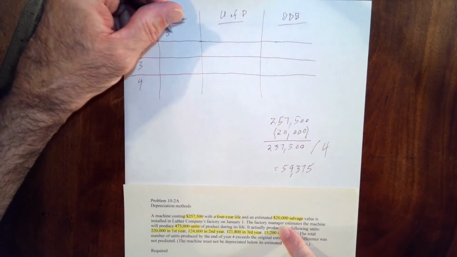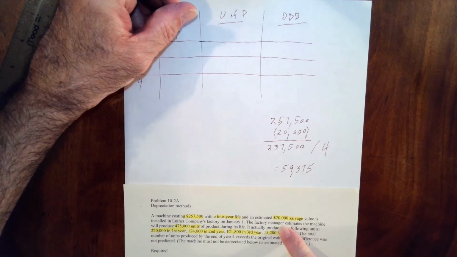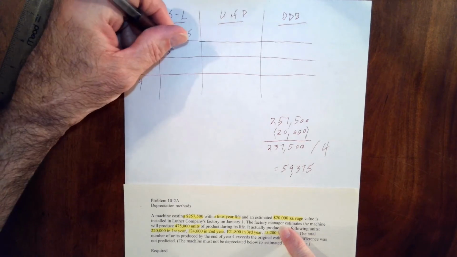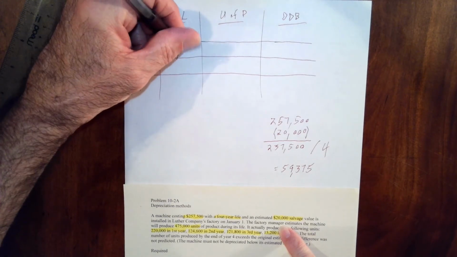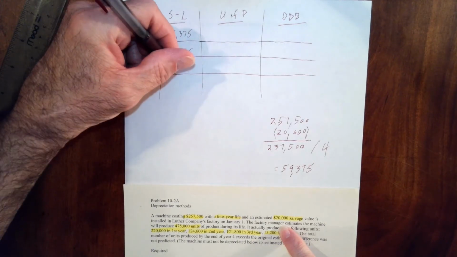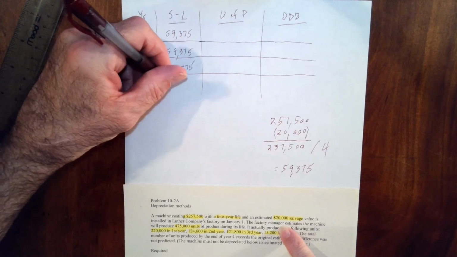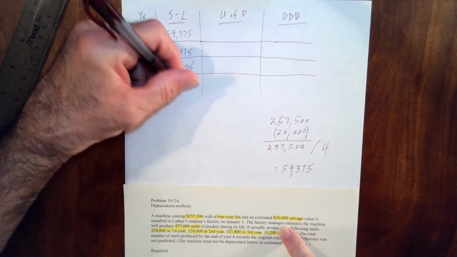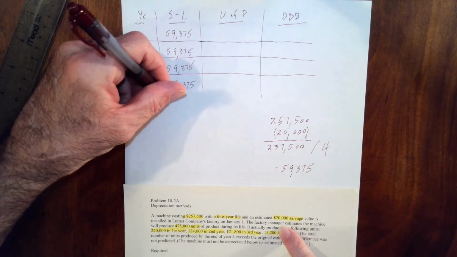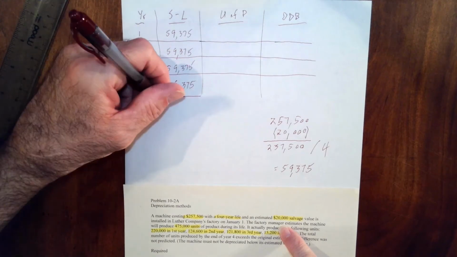So under straight line, I'm going to depreciate $59,375. Alright, total is going to be $237,500.